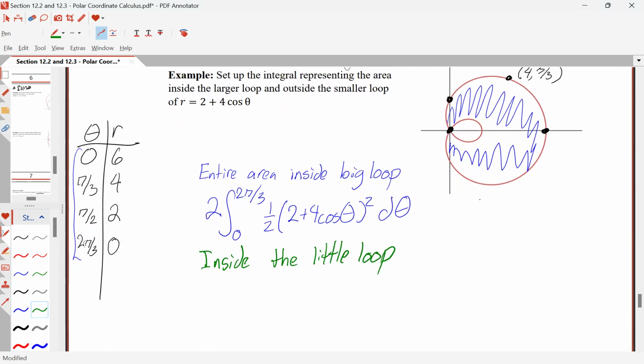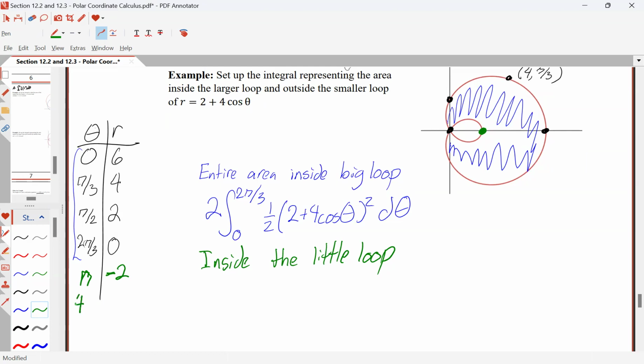So finding inside the little loop, I'm going to pick up at that 2 pi over 3 and say, what about at pi? At pi, we'd have 2 minus 4, because cosine is negative 1 at pi. So 2 minus 4 is negative 2, and that is this point on the loop.